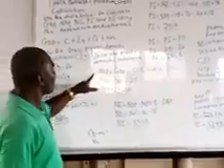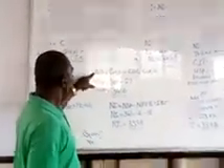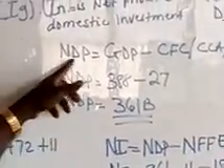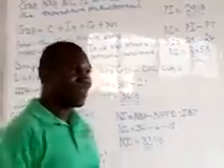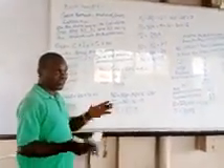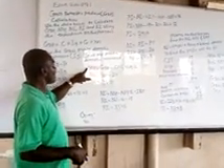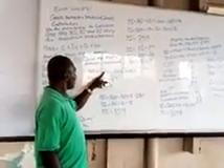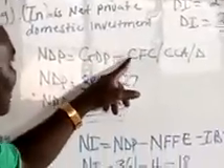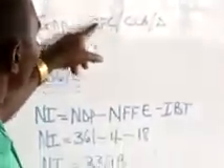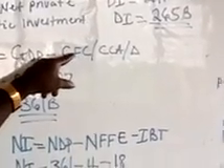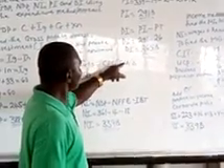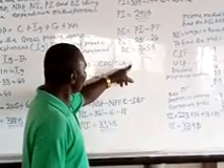Moving from there, we will come to NDP, the net domestic product. This is what we have done within our country, even if a foreigner that lives in your country carries on production, we put everything together. It becomes the net domestic product. It's equal to the GDP, the gross domestic product, minus CFC, which stands for capital fixed consumption, or CCA, consumption of fixed capital allowance, or D, which stands for depreciation.